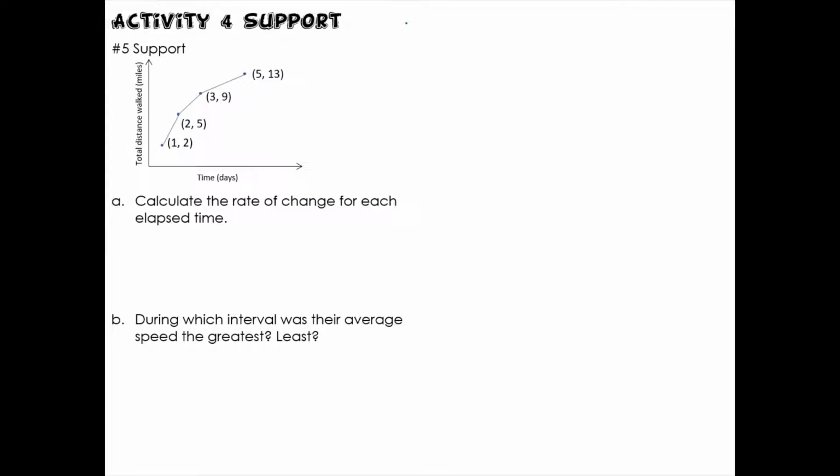So we're going to say from day 1 to day 2, we're going to use the slope formula, or if you want to just think about it this way, it's the change of y, how much the y changes over how much the x changes, right?